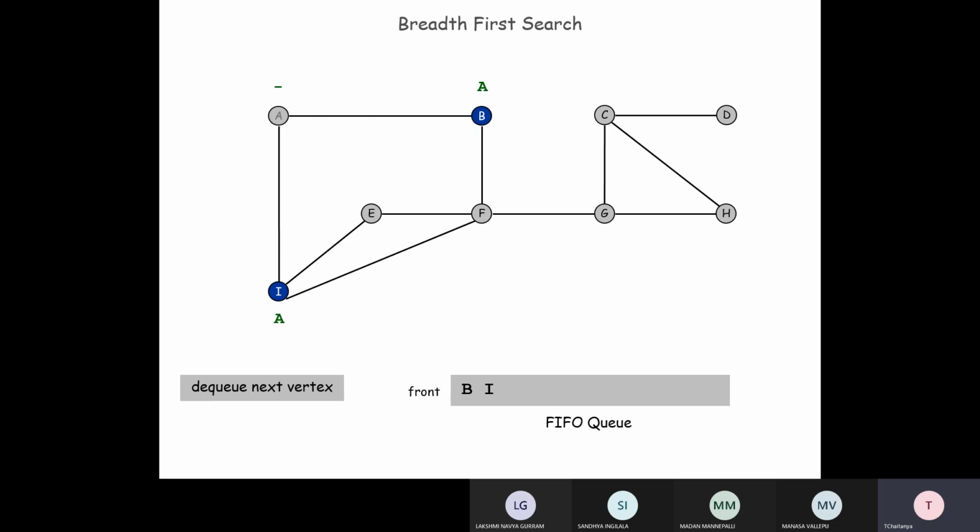B and I are the frontline vertices of the breadth first search algorithm.